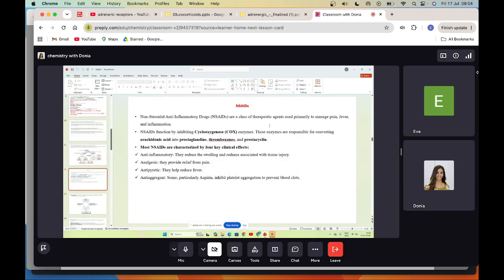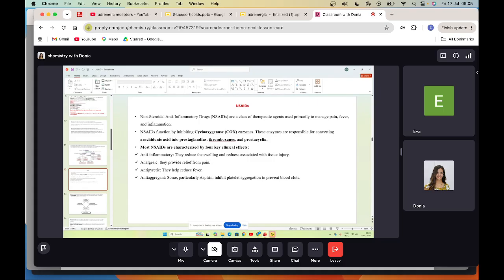For the classes of the non-steroidal anti-inflammatory drugs, we have selective COX inhibitors and non-selective. The non-selective means they would act on COX-1 and COX-2. The selective would act on COX-2 only. When we inhibit the COX enzymes, this means that the arachidonic acid will not be able to produce the prostaglandins, thromboxane, and prostacyclins.